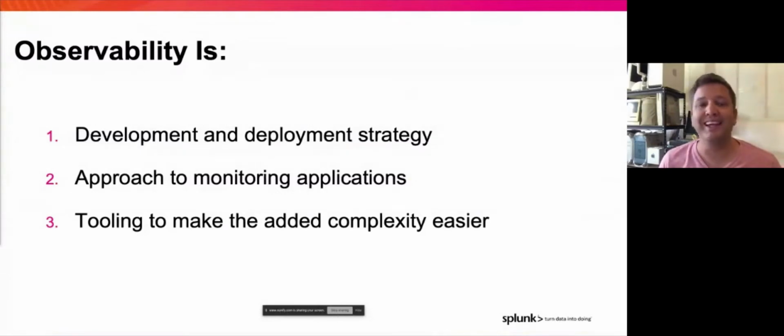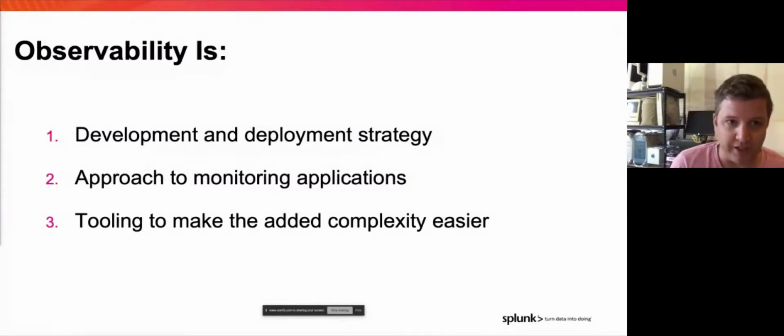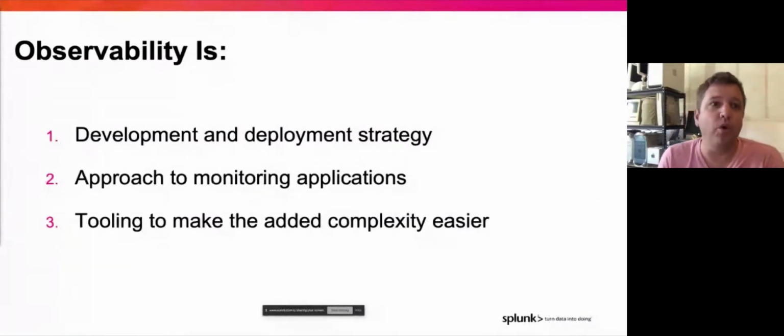So observability is rolled into your development and deployment strategy. And I'll talk more about that in a second. But for example, the way we do observability, our SRE team is responsible for building the strategies for being observable, because it's something that you have to consider when you build your applications.